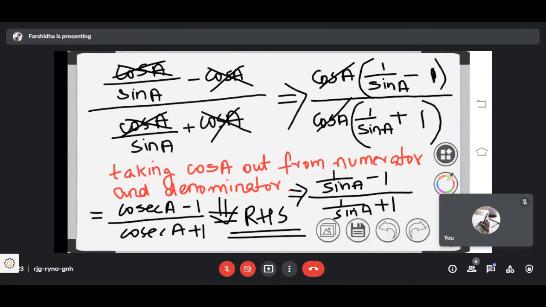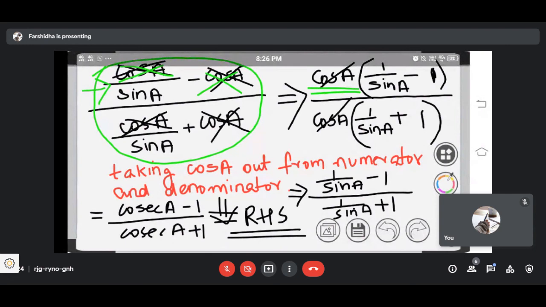From this step, we have taken cos outside. So when you take cos outside from the numerator, see, I have taken cos out. What is remaining inside? 1 by sin A minus 1. Same way from the denominator also I have taken cos outside. So remaining is 1 by sin A plus 1. From here I have cancelled cos and cos.